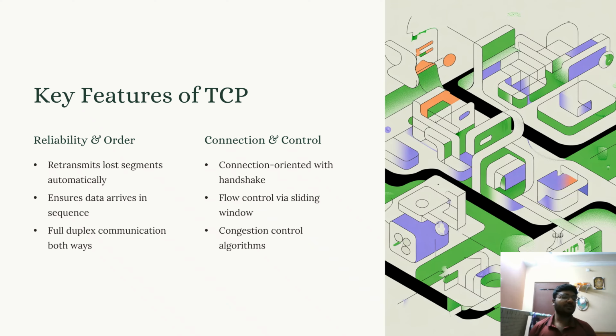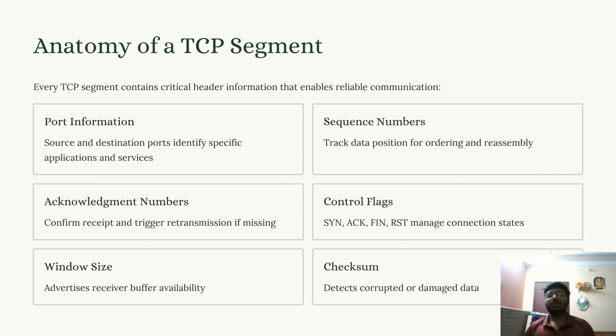And in times of heavy traffic, TCP congestion control keeps the network from getting clogged, which is vital for smooth, uninterrupted communication. Anatomy of a TCP segment. Every piece of data sent over TCP travels as a segment.